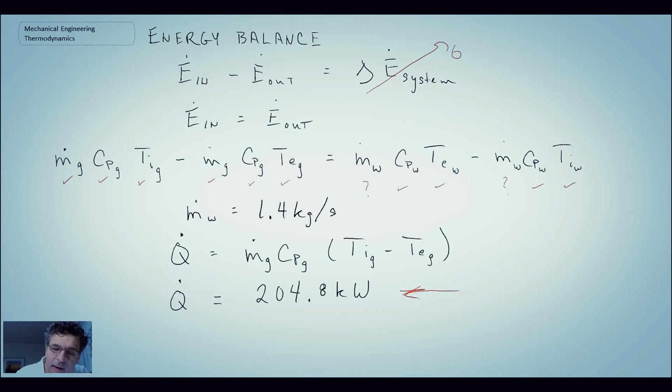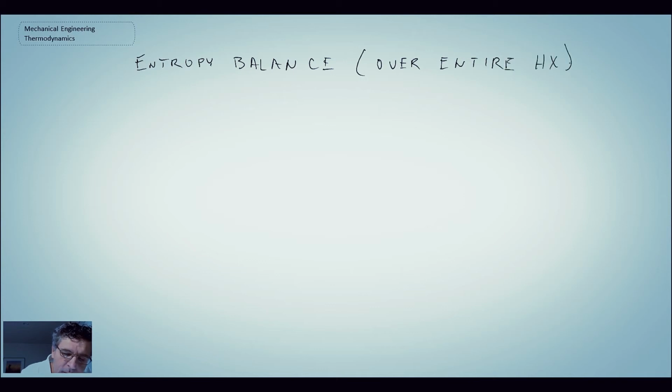Let's now take a look at the entropy balance. And we're going to do this over the entire heat exchanger. So writing out the entropy balance equation for an open system in rate form.